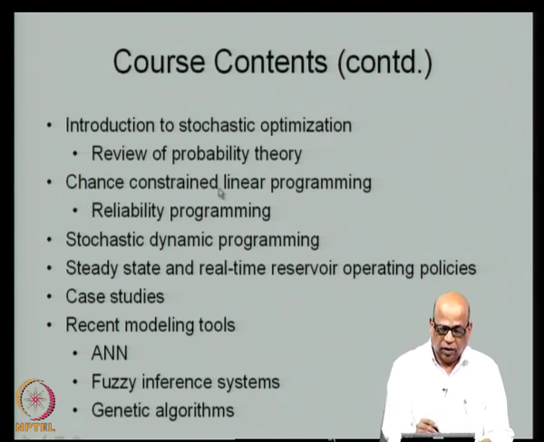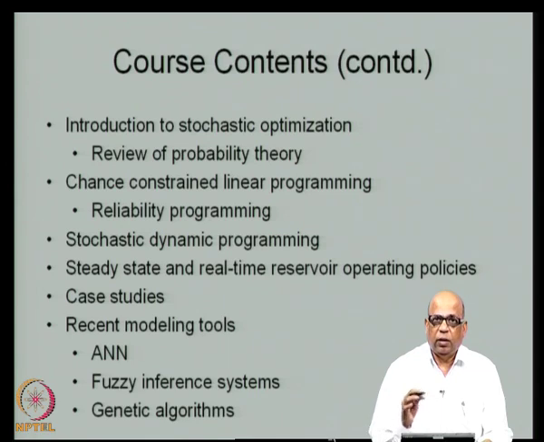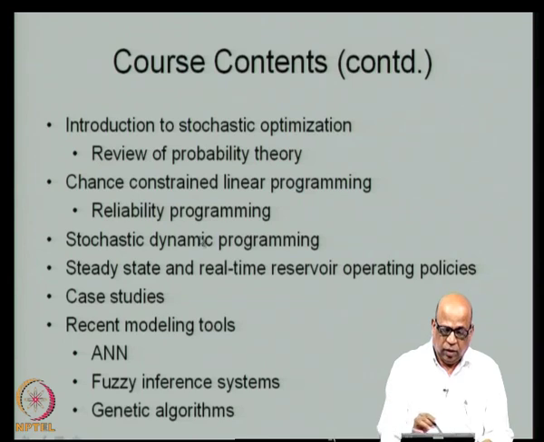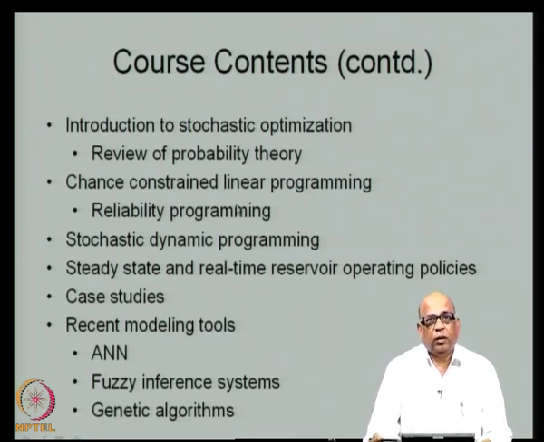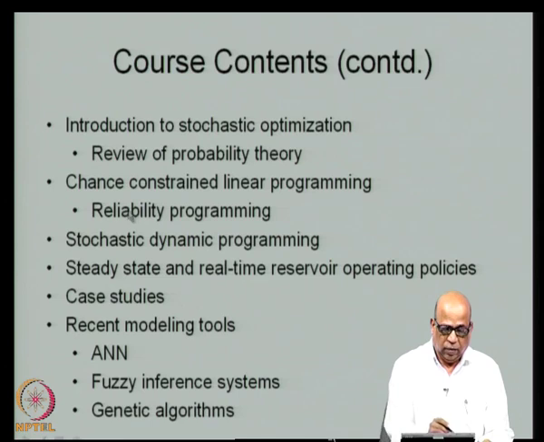One is the chance constraint linear programming, CCLP, and an extension of the chance constraint linear programming called the reliability programming. And also we deal with the stochastic dynamic programming. So, we would have dealt with the dynamic programming as well as the linear programming in a deterministic form earlier. We introduce randomness in the variables involved in the optimization, and then start talking about stochastic optimization, where we will be dealing with chance constraint linear programming and the stochastic dynamic programming.